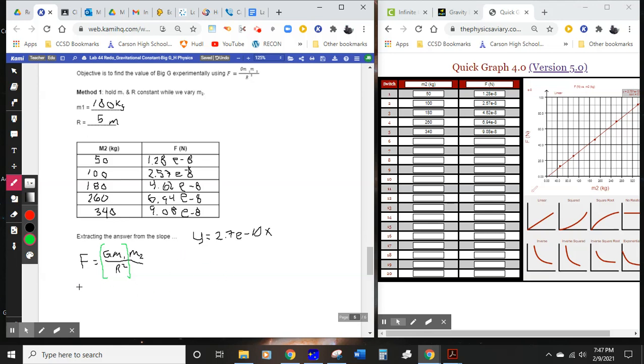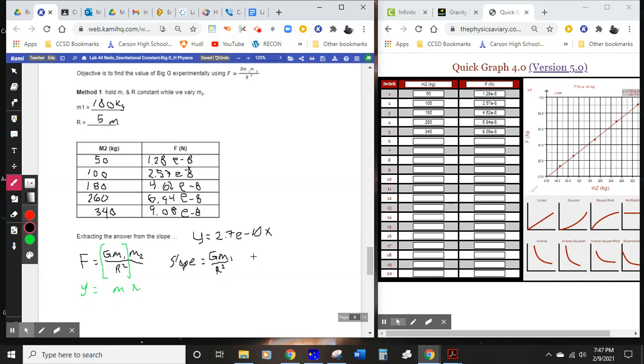Now take a look closely here. Isn't this just like y equals mx? These things correspond here. So the slope is equal to what's inside the bracket here, which is equal to big G, M1, all this divided by R squared.